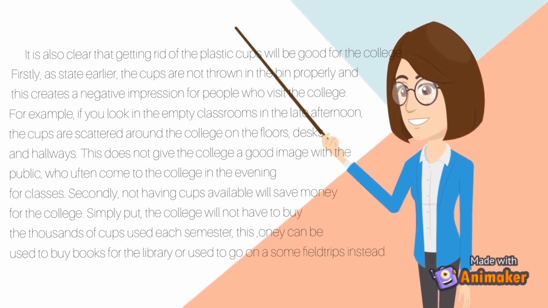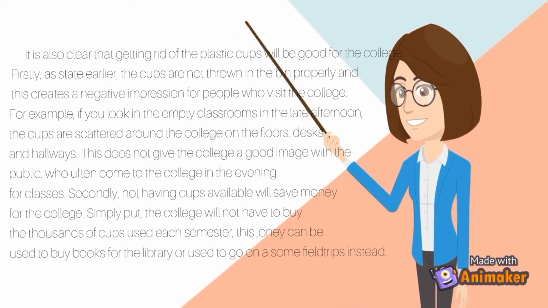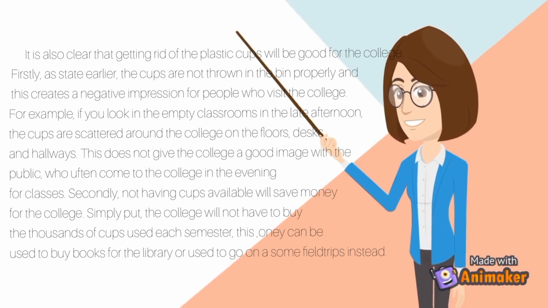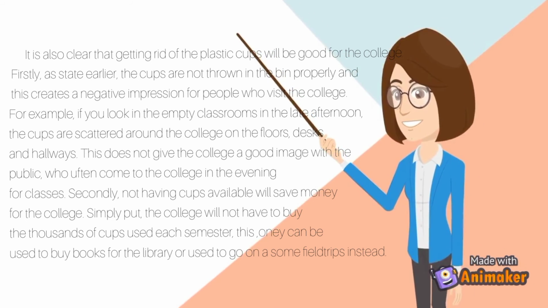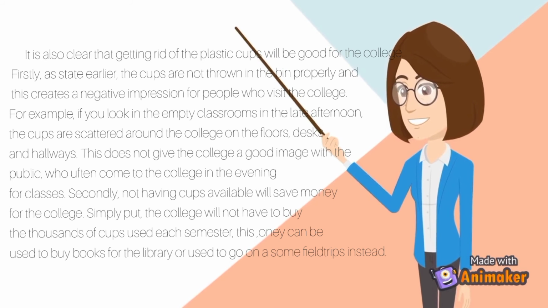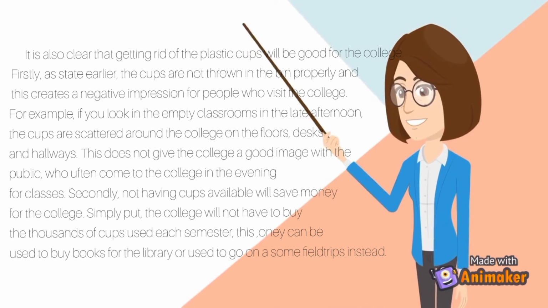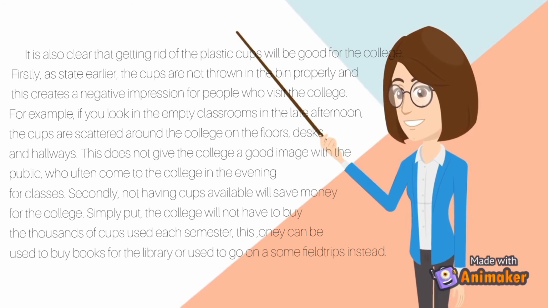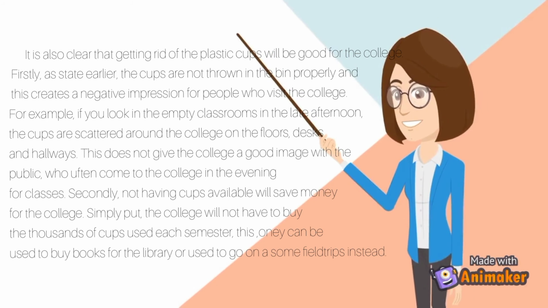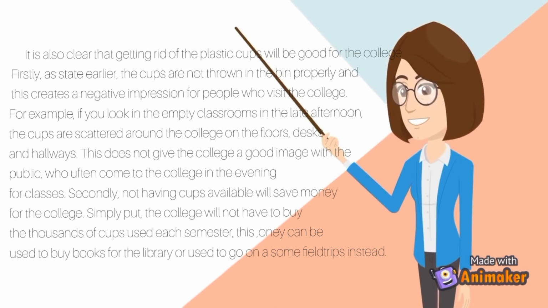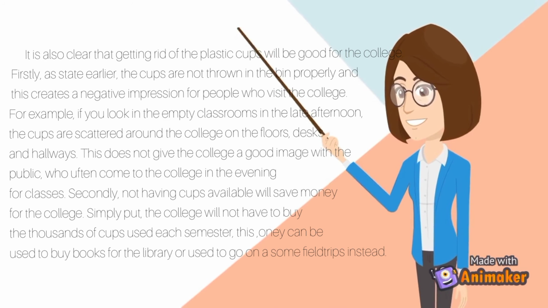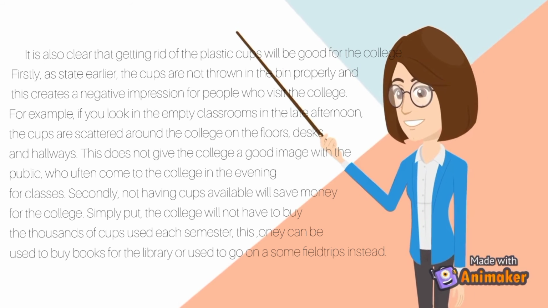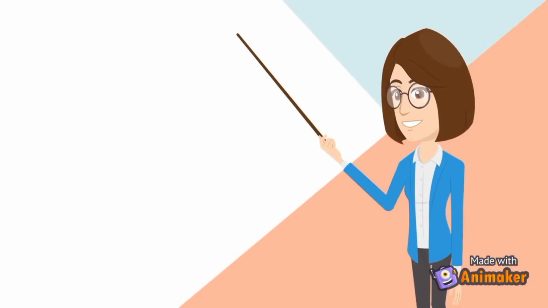And then the last is the concluding sentence. The concluding sentence is: simply put, the college will not have to buy the thousands of cups used each semester. This money can be used to buy books for the library or to go on some field trips instead.